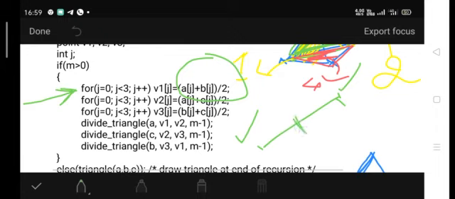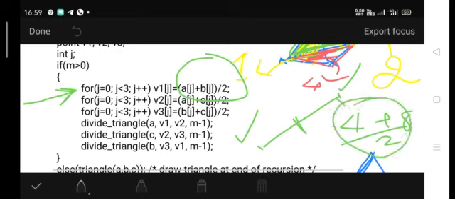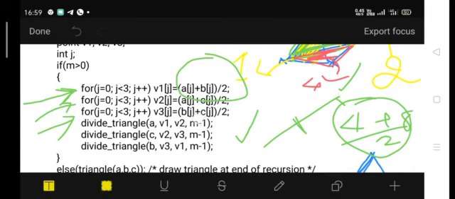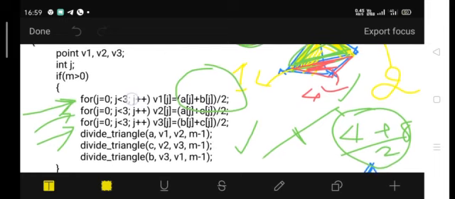Suppose I ask you to take the average value of 4 and 8, what will we do? 4 plus 8 divided by 2, that is 12 divided by 2, you will get 6. In the same way, A of j plus B of j divided by 2. Thrice you need to consider them, for the 3 sides. Then the divide triangle module will be called repeatedly, the same module.